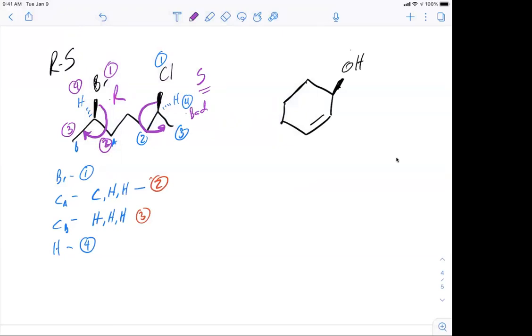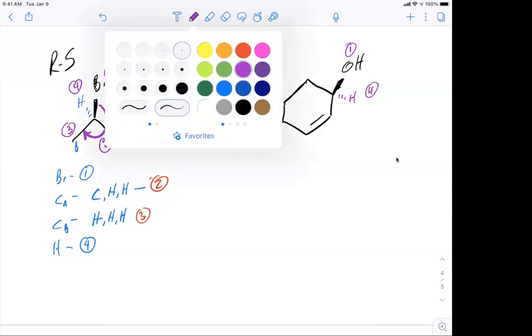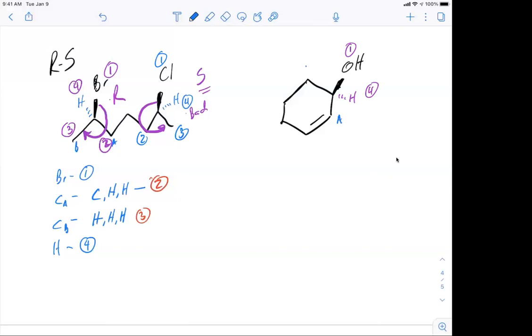If we look at this one again, oxygen is going to be higher than the 2 carbons. Hydrogen is going to be the lowest priority. And then we have these 2 carbons. So if we look at our carbons, again, let's refer to them as A and B. Carbon A, right, is attached to a carbon, but it's double bonded. So we'll add another carbon and a hydrogen.